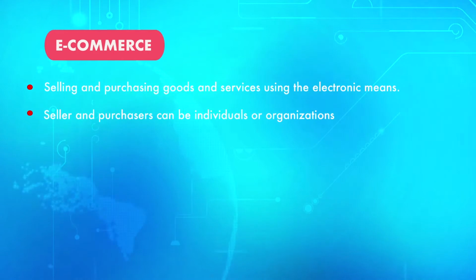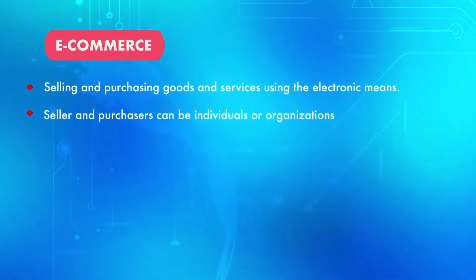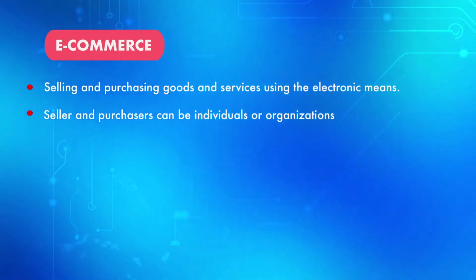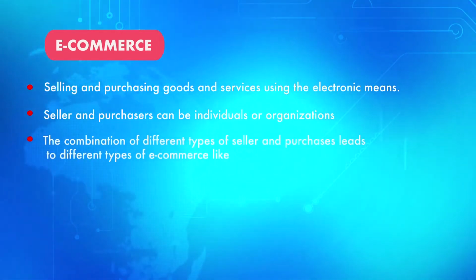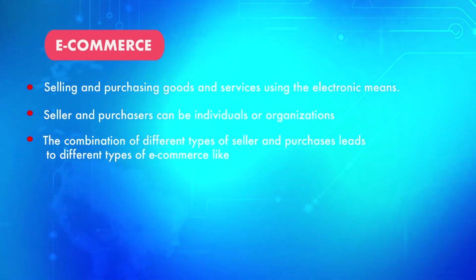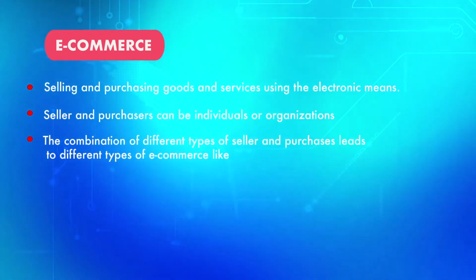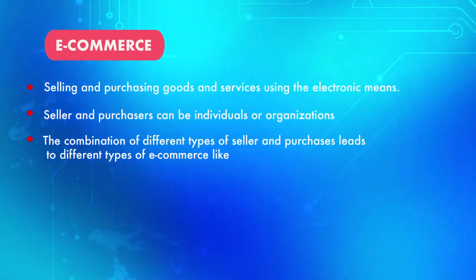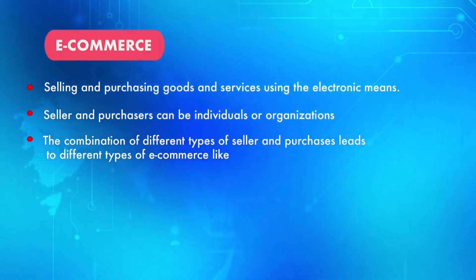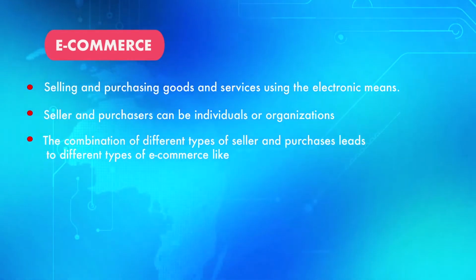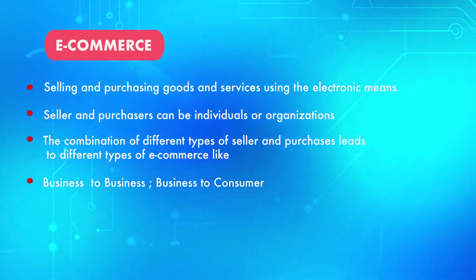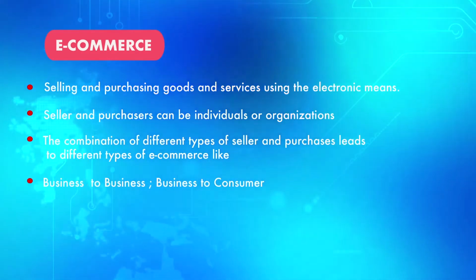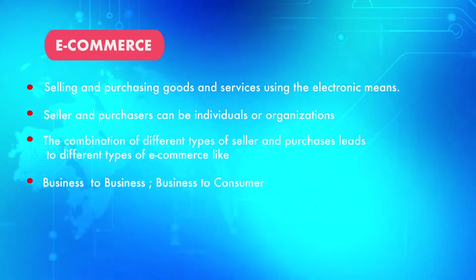Sellers and purchasers can be individuals or organizations. On that basis, different combinations can be developed for sellers and purchasers, and those basically define the classes into which we classify e-commerce. For example, business to business is where the seller is a business as well as the buyer is also a business.